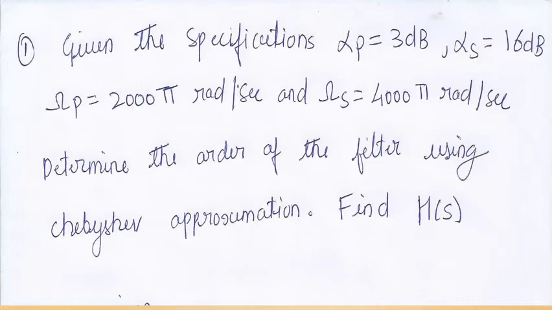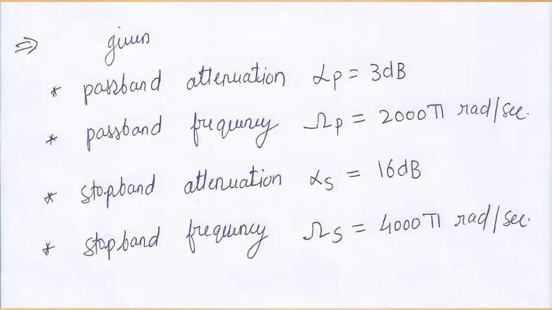And we need to determine the order of the filter using Chebyshev approximation. We also need to find the transfer function h of s. We will start by noting down the given details.